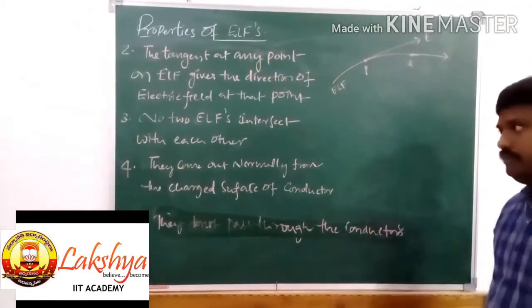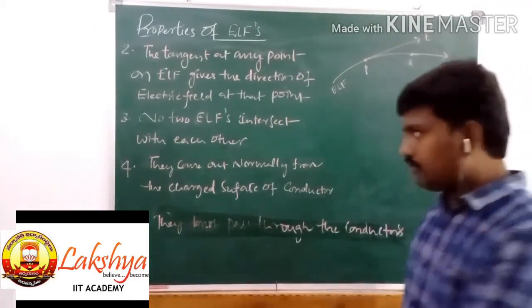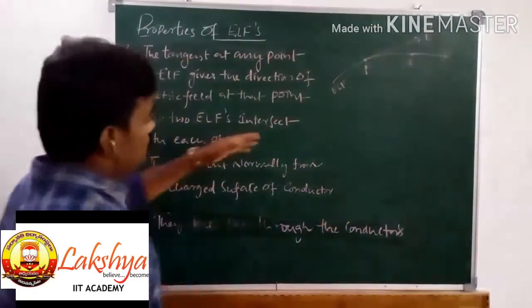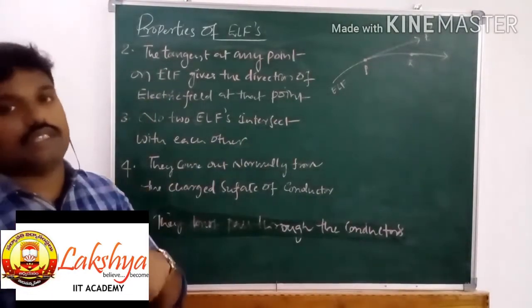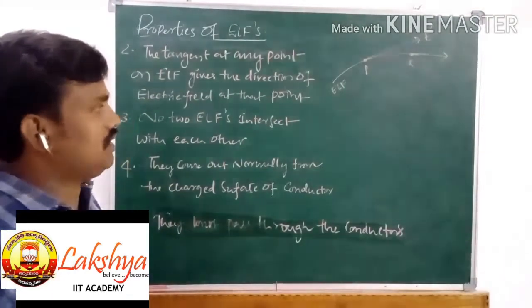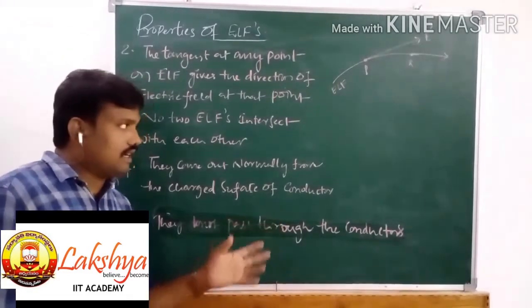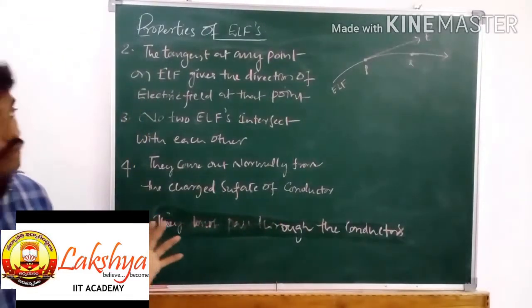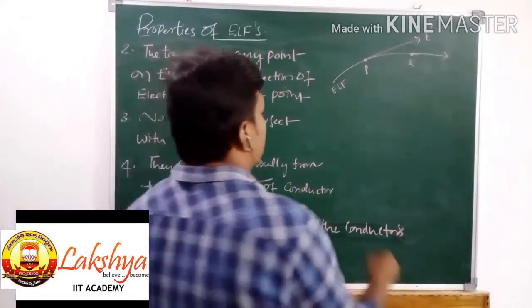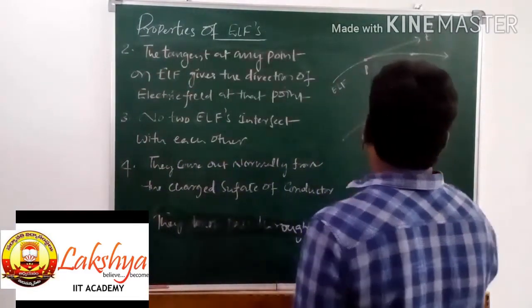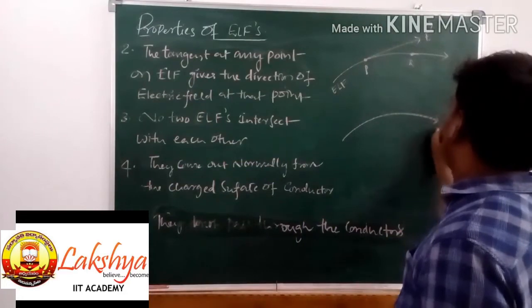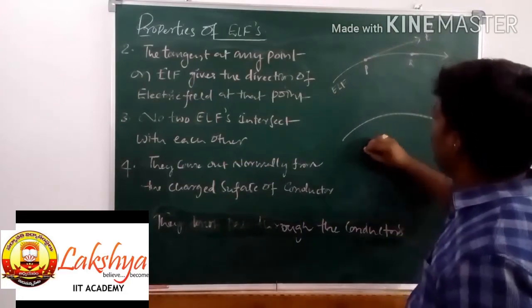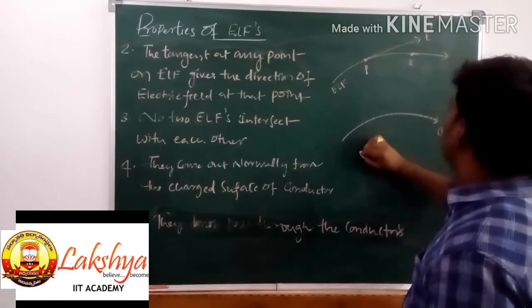Okay. Next is the third point. No two ELFs intersect with each other. Why won't they intersect? Let us see what will happen if they do intersect. Suppose I draw two ELFs like this. This is ELF 1, and there is another ELF which crosses it.